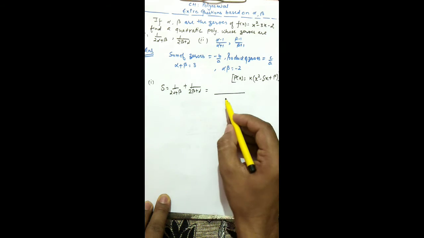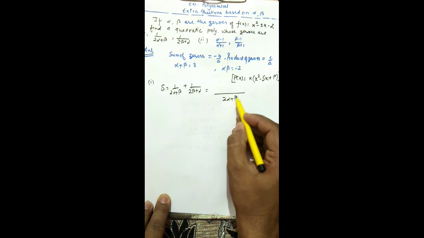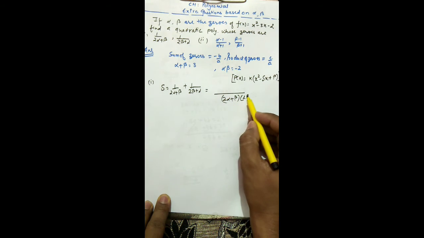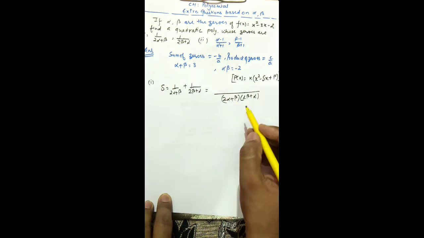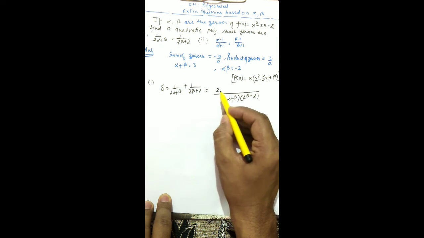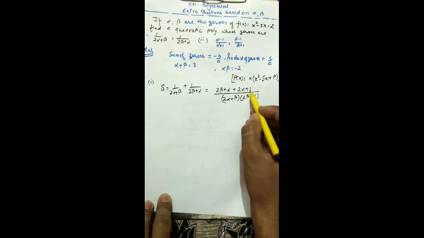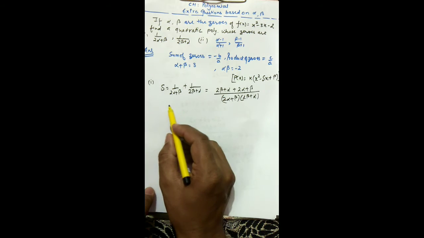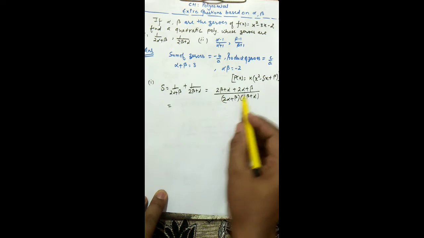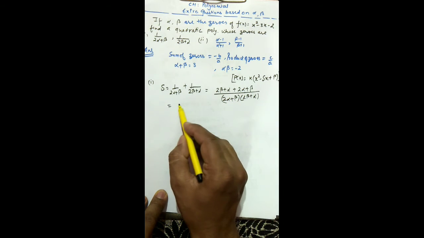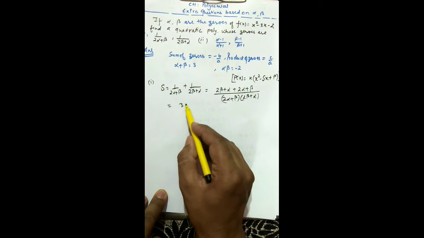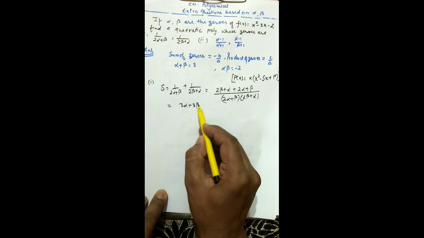The LCM will be 2 alpha plus beta into 2 beta plus alpha. Now we do the cross multiplication: 2 beta plus alpha, and this becomes 2 alpha plus beta. So your numerator becomes 3 alpha plus 3 beta.